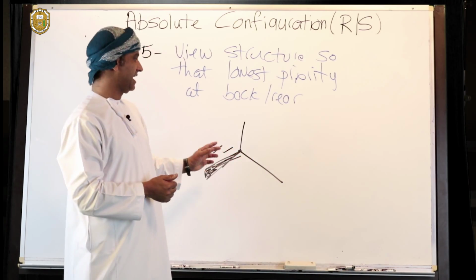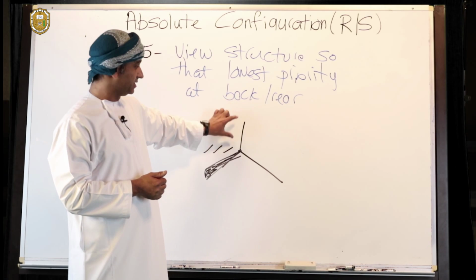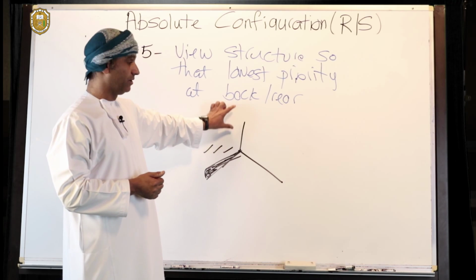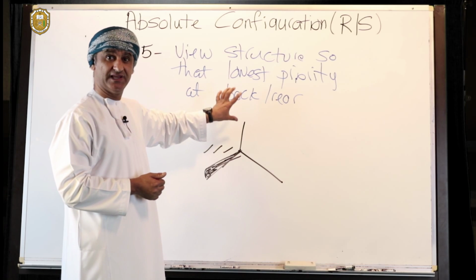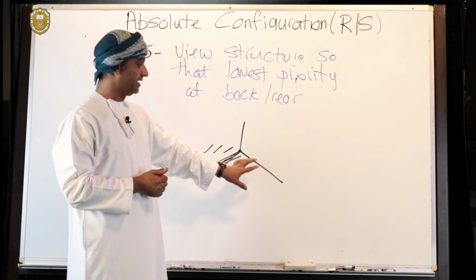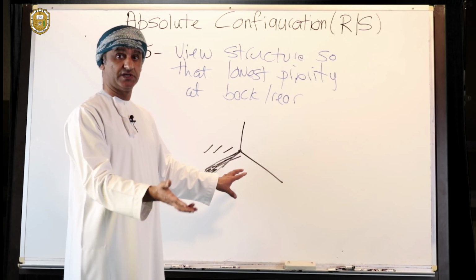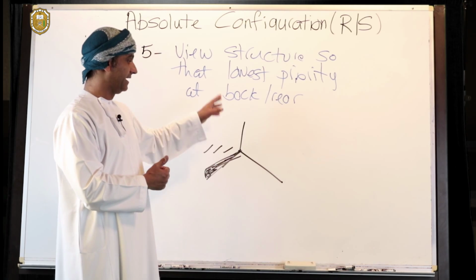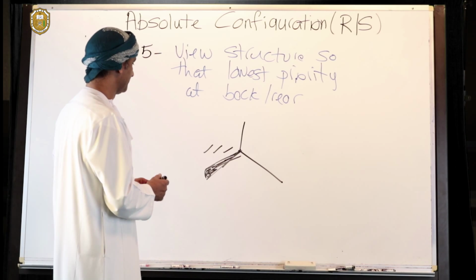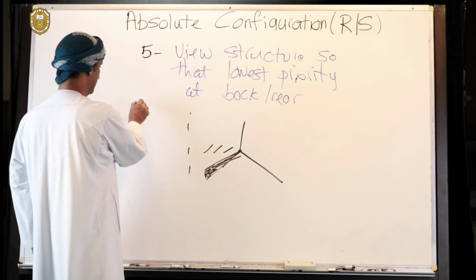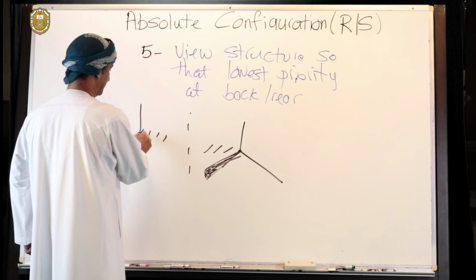We'll take, for example, a case where the lowest priority group is on this line here, or it's pointed above on the plane up, for example. And another example where the lowest priority group is on the plane but to the right or to the left, if you draw the mirror image of this, something like that.